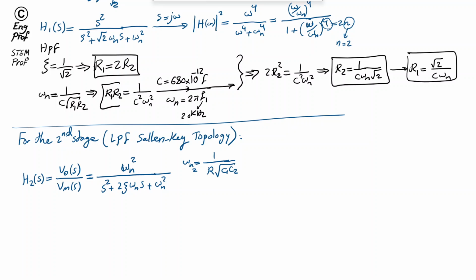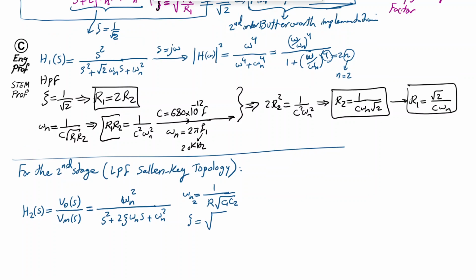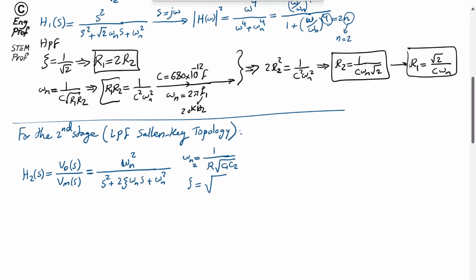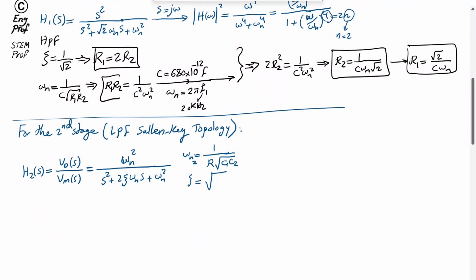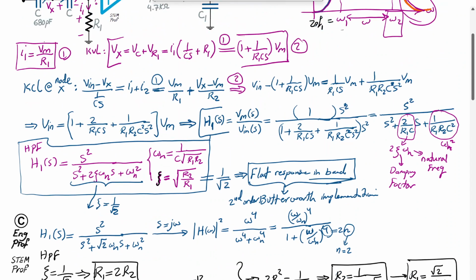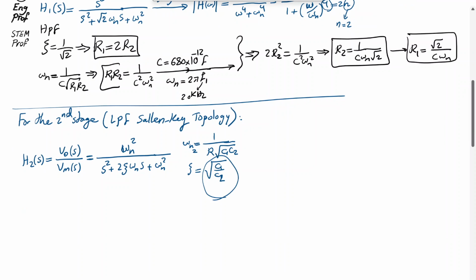And then you will find that zeta, or damping factor, will be equal to root of C1 over C2. Previously, for stage 1, the zeta was root of R2 over R1. Here it is root of C1 over C2.